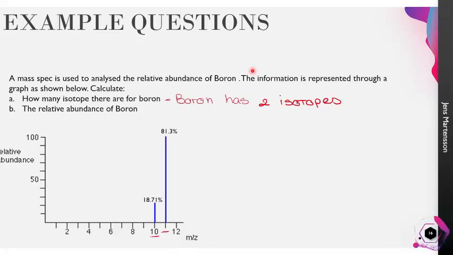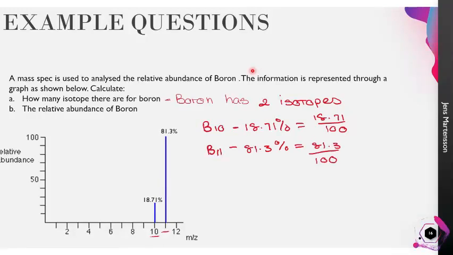So we'll basically do the same thing. Boron 10 has a relative abundance of 18.71%, which equals 18.71 on 100, and B11 is 81.3%, which is 81.3 on 100.